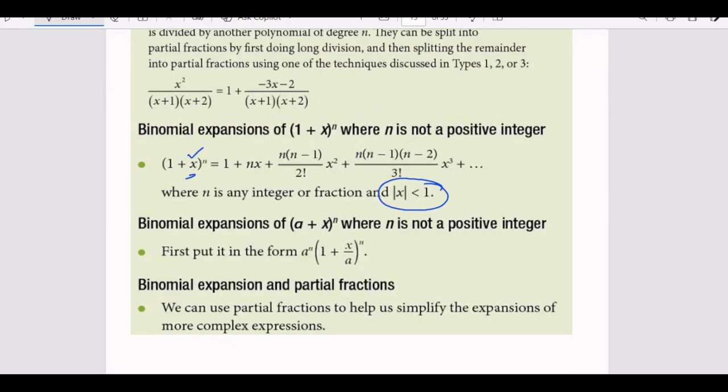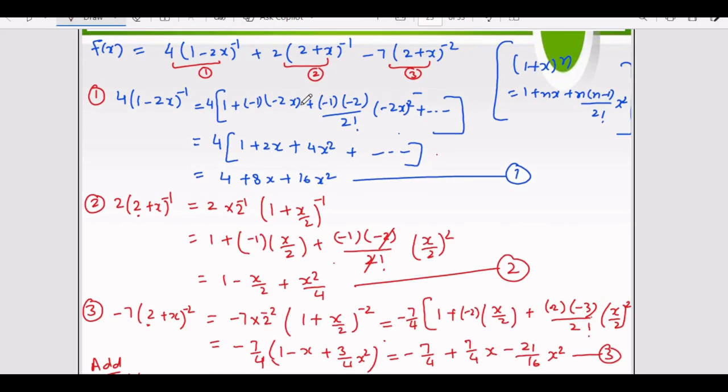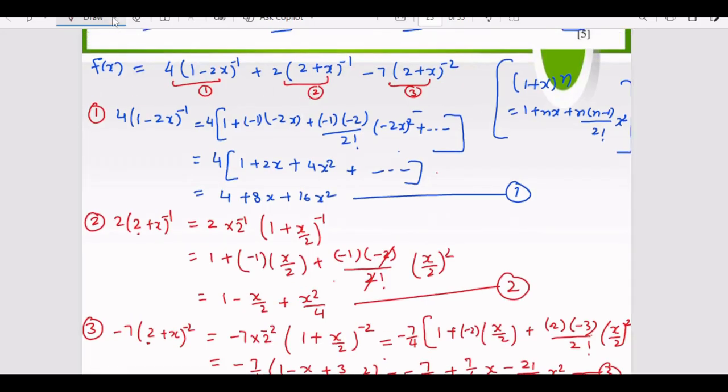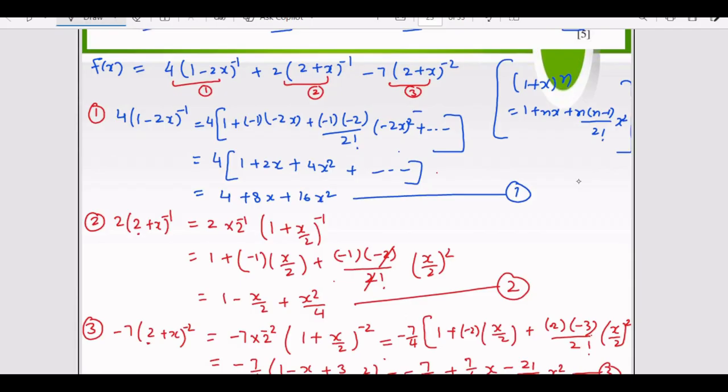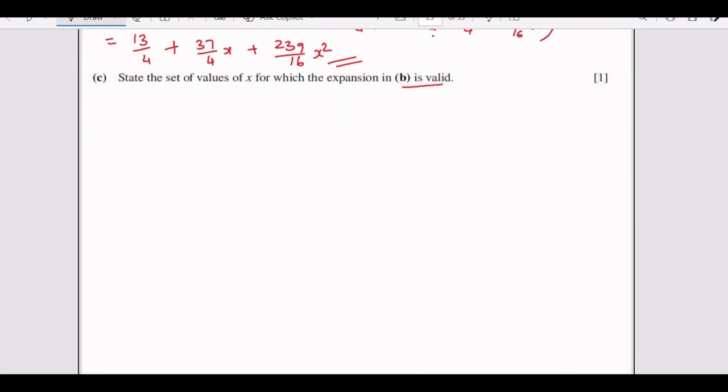Now we will see in the question we have 3 different terms here. You are going to look at this part where we have converted this into this one. In the first one we have -2x, meaning this -2x should be less than 1, right? So I'm writing here, the mod of -2x should be less than 1.